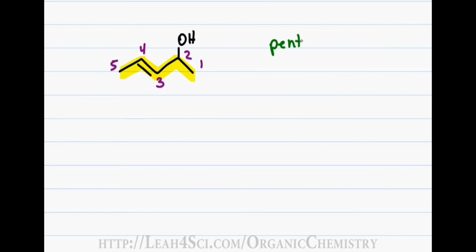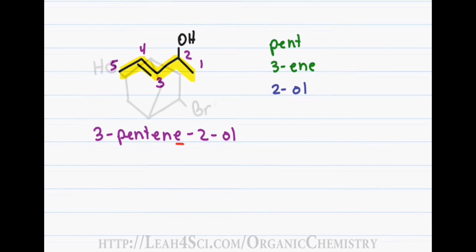Having a pi bond on carbon 3 gives me a last name of 3-ene. Having an OH on carbon 2 gives me a suffix of 2-ol. Putting the name together, I get 3-pentene-2-ol. Notice again that I did not drop the e, and that's because I have the number 2 separating the 2 vowels. Let's try something tricky for the final problem.